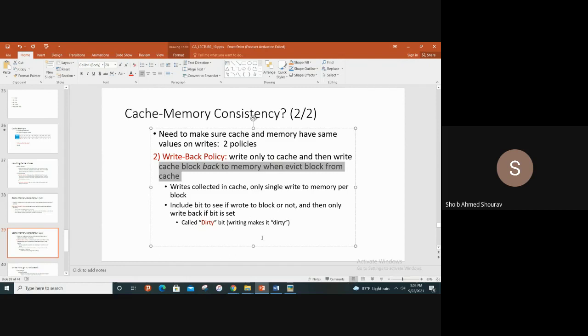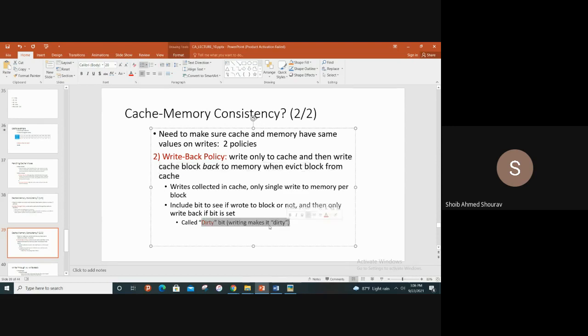Let me explain again. If a new word comes which replaces some block, the block that gets replaced, we write it back to memory. Yes, write-back policy is only write to cache, but after writing we have to return the block which is going to be evicted. That block will be returned back to the memory or RAM.